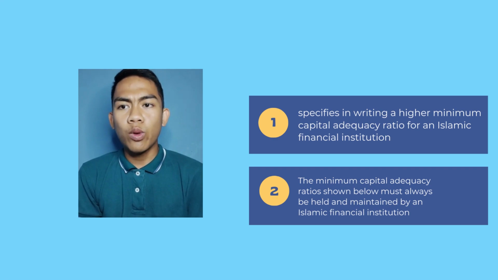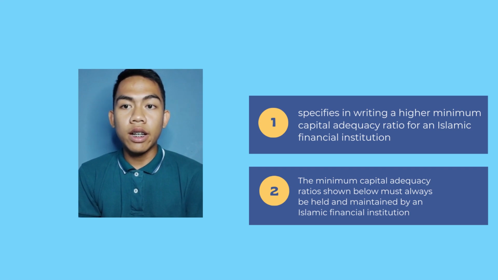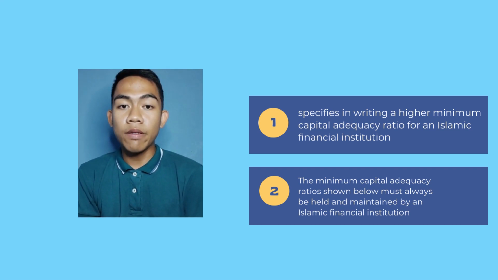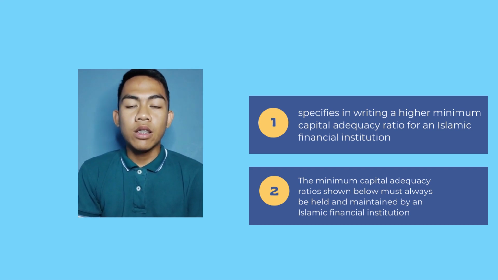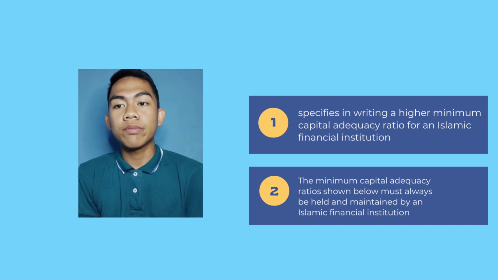In cases where the bank, after taking into account the specific risk profile of the Islamic financial institution, specifies in writing a higher minimum capital adequacy ratio, the Islamic financial institution shall hold and maintain such a higher minimum capital adequacy ratio despite paragraph 10.1.